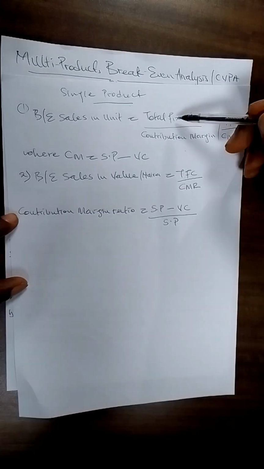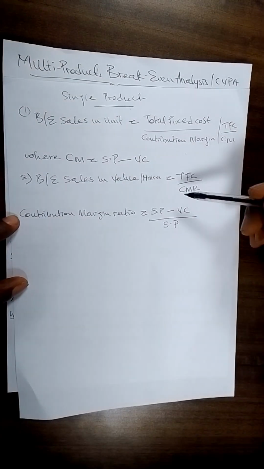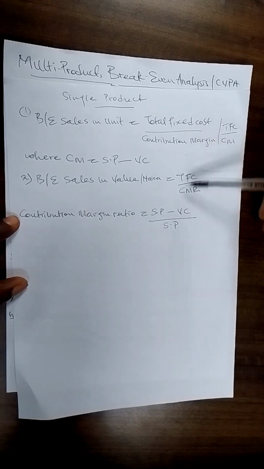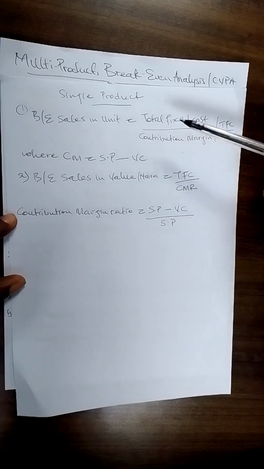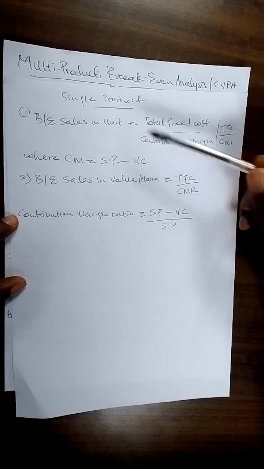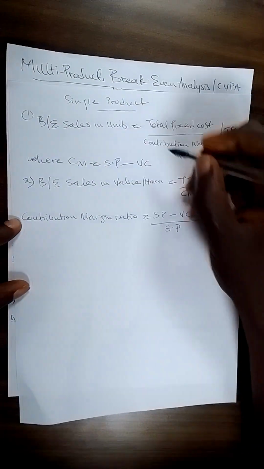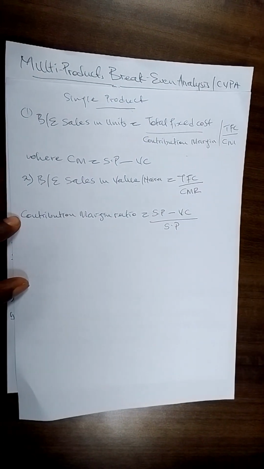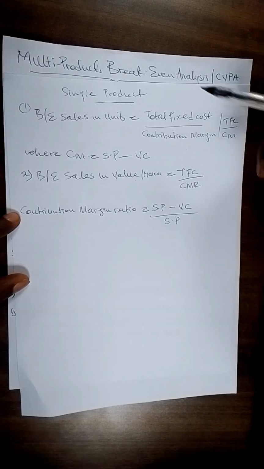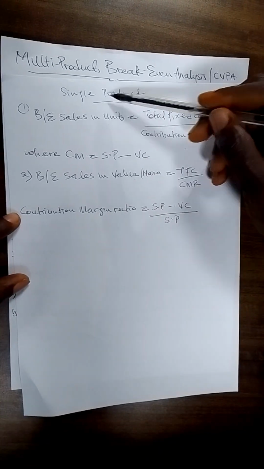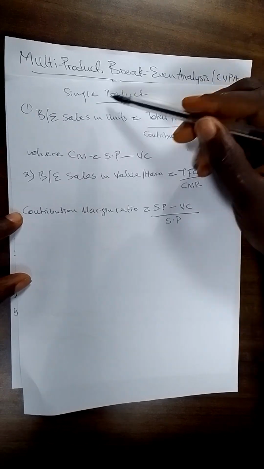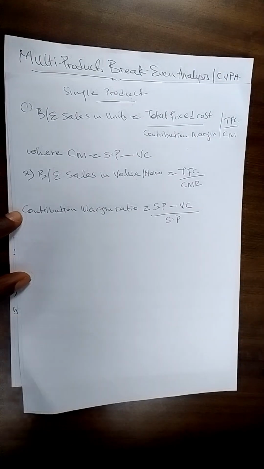So these two formulas can be used to compute the break-even sales in units as well as in value. We use this when an organization produces a single product.